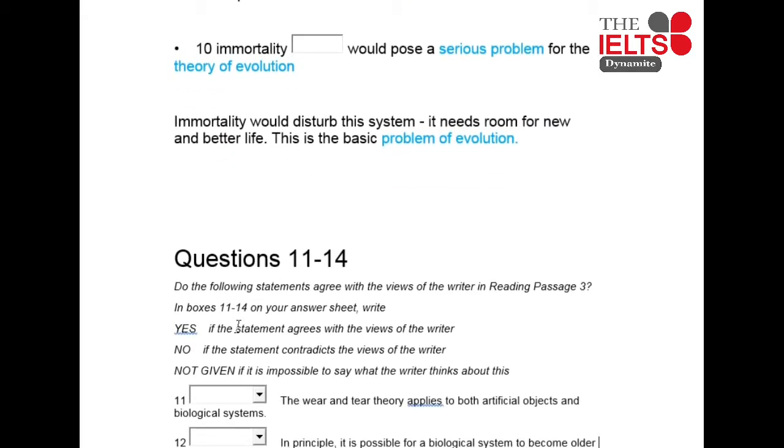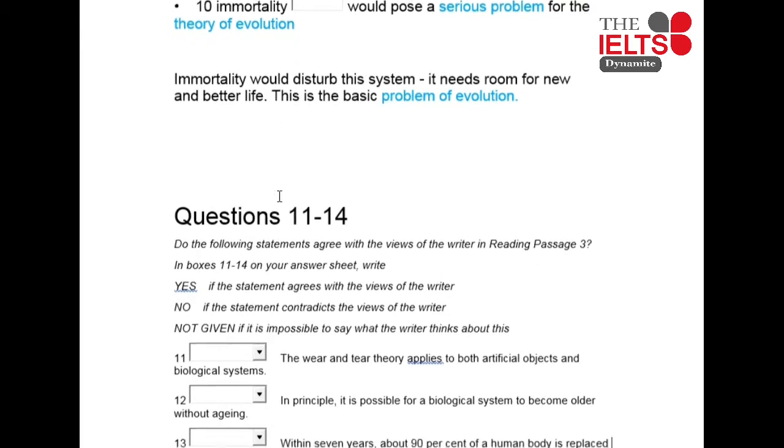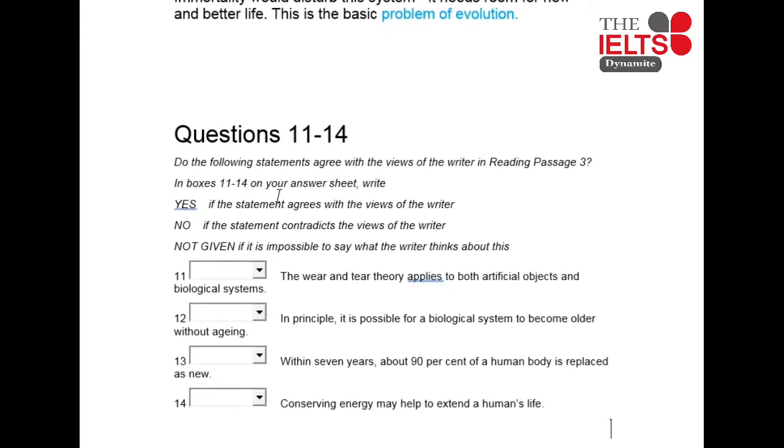Let's come to yes, no, not given question. In yes, no, not given question, you are required to identify whether the statements that are given to you in the question agree with the opinion of the writer, or accord with the opinion of the writer.